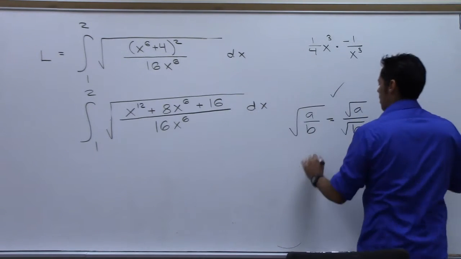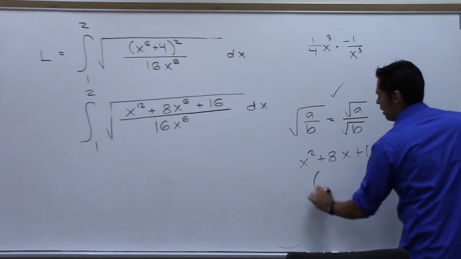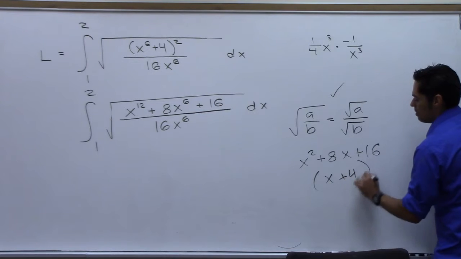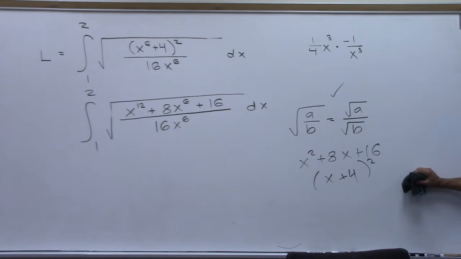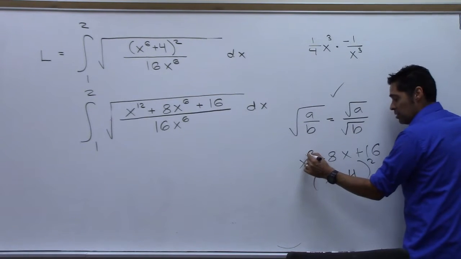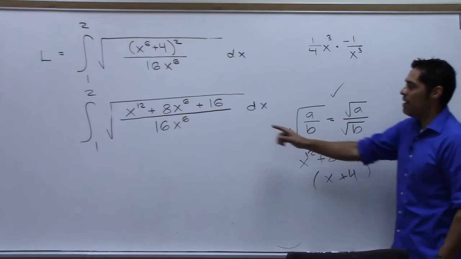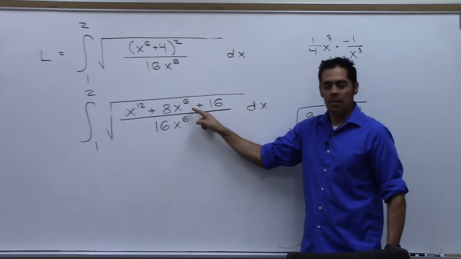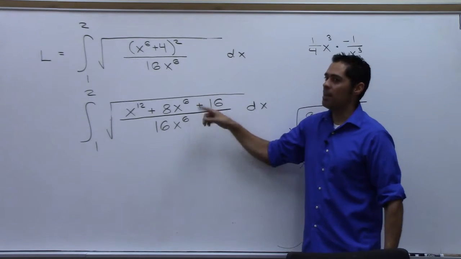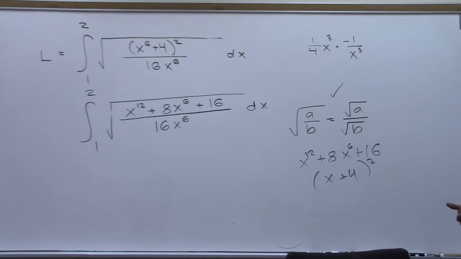It's like if I wrote down over here x squared plus 8x plus 16, I would trust everyone in here would be able to factor that as x plus 4 squared, right? But instead of 2, we have 12, and instead of x, we have 6. So this is a quadratic type, isn't it? And we can factor those sometimes. In this case, yes. Why? Because they made sure we could when they made the problem.